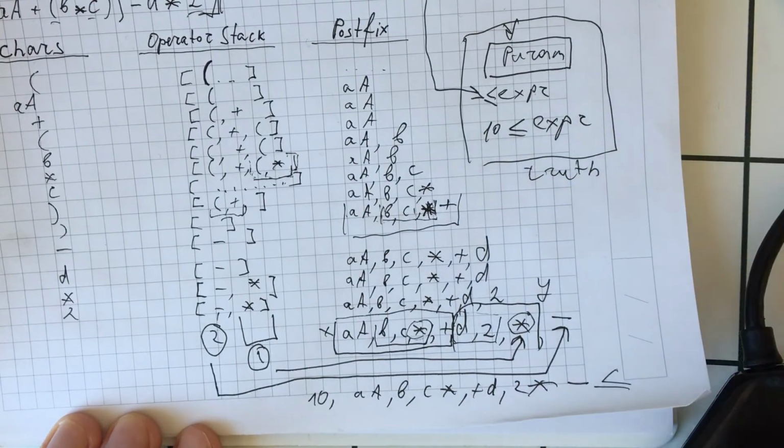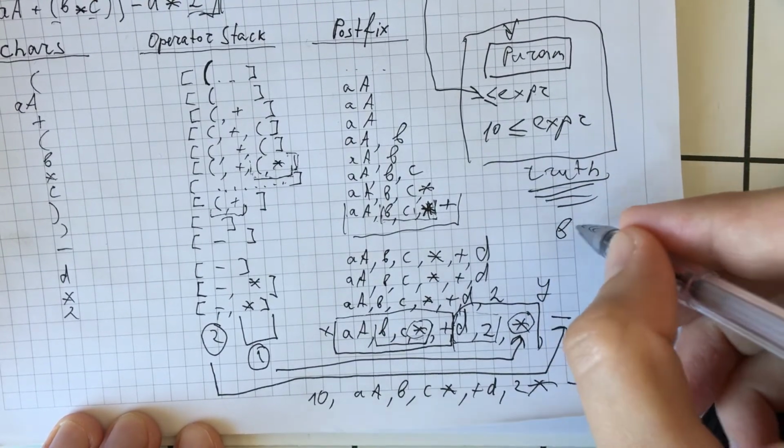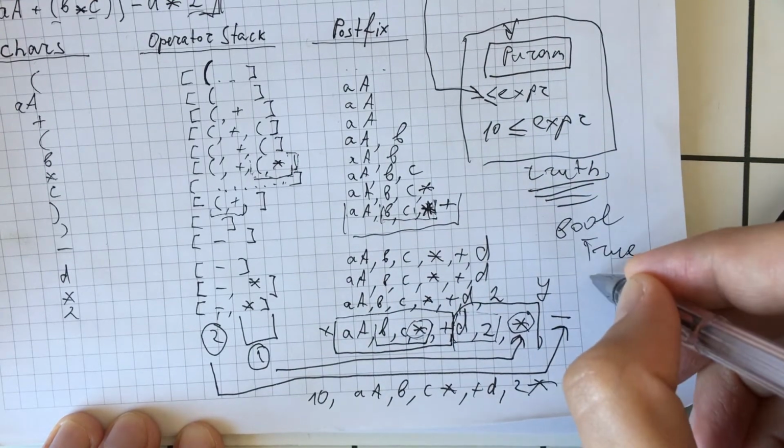So maybe boolean, maybe string. But I would operate with the truths. So bool, which is true, false.